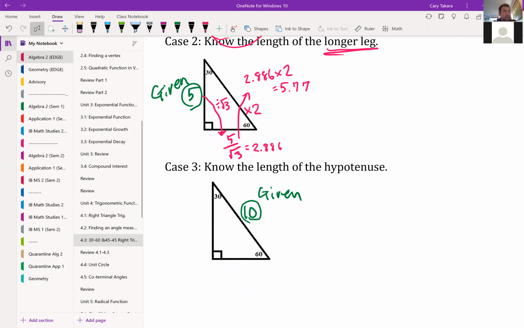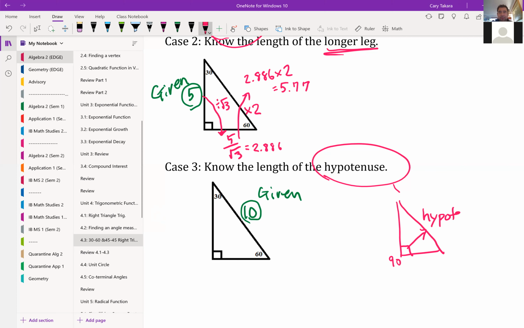And then the last case is I can give you the measurement of the hypotenuse. By the way, are you guys okay on what the hypotenuse is? The hypotenuse is always the side across from the 90 degree angle. So here's the 90 degree, right? And the hypotenuse is always the side across from the 90 degree. Because I could give you the equation drawing the right triangle like this. Now, where is the hypotenuse?